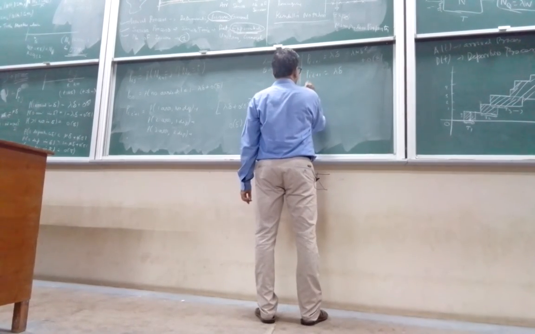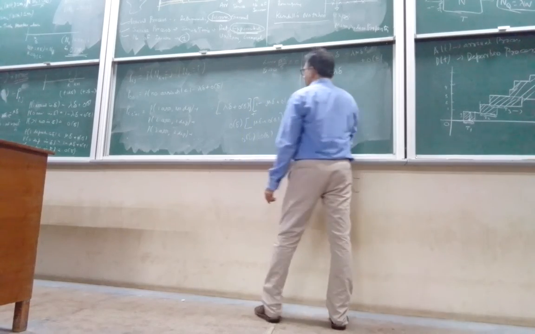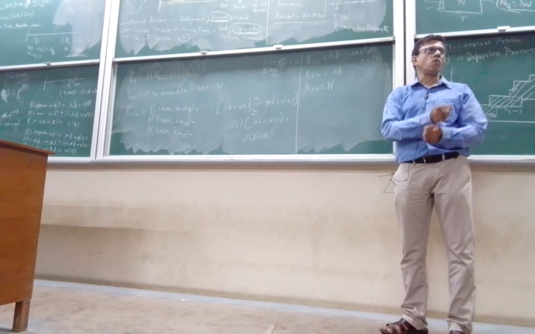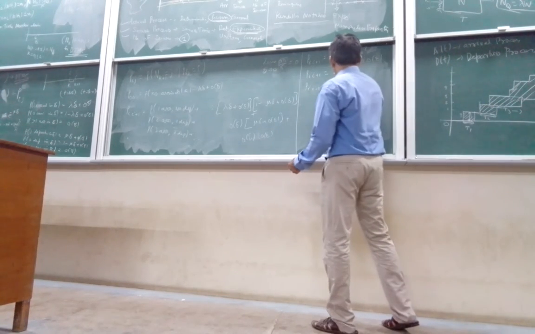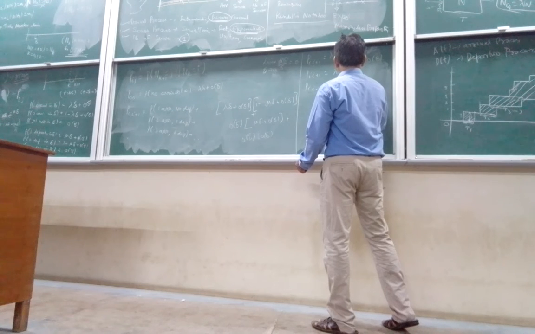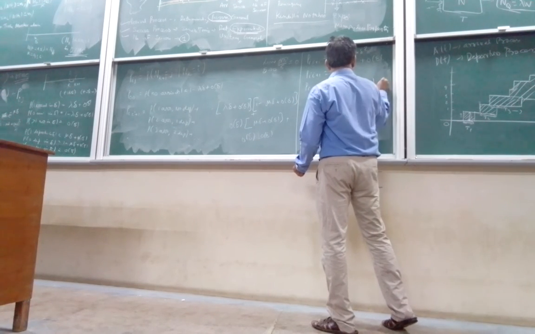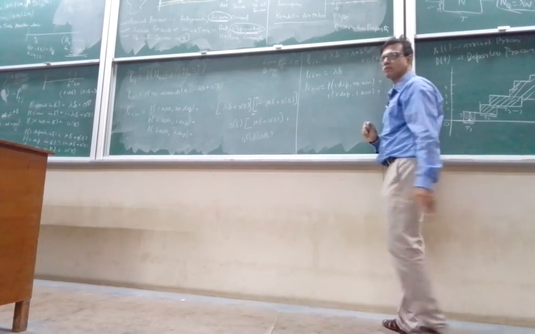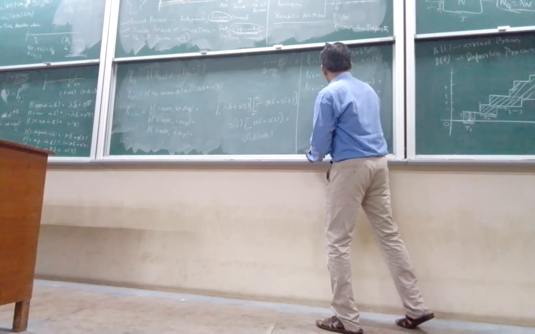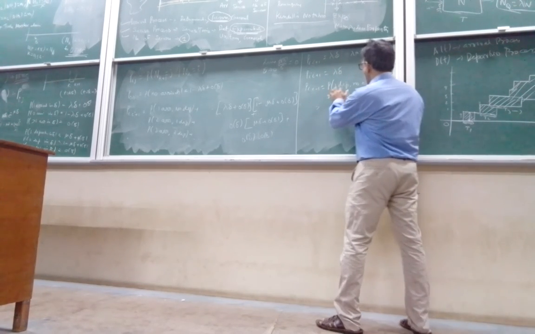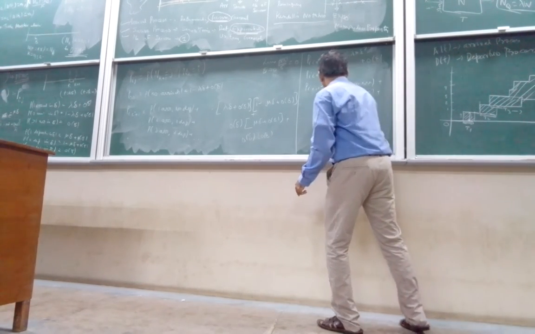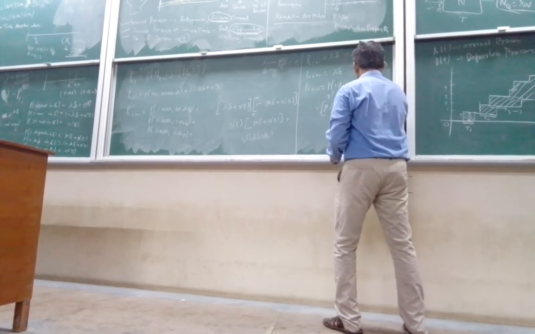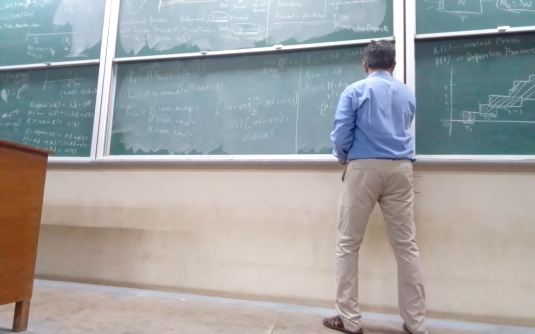Similarly, if you look at pi I minus 1, what is it? Queue length decreases by 1. Only one departure and no arrival, plus the probability of 2 departures and 1 arrival, and so on. One departure is mu delta plus order delta, and no arrival is 1 minus lambda delta plus order delta.